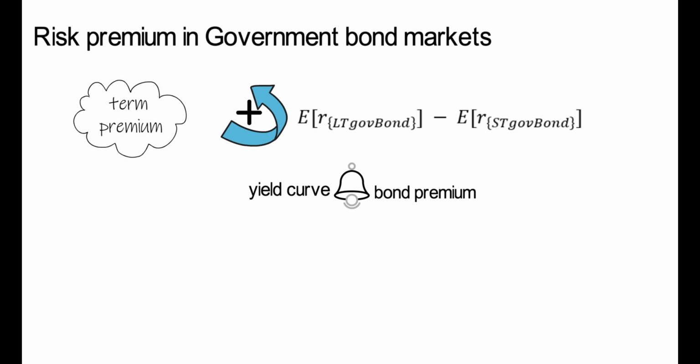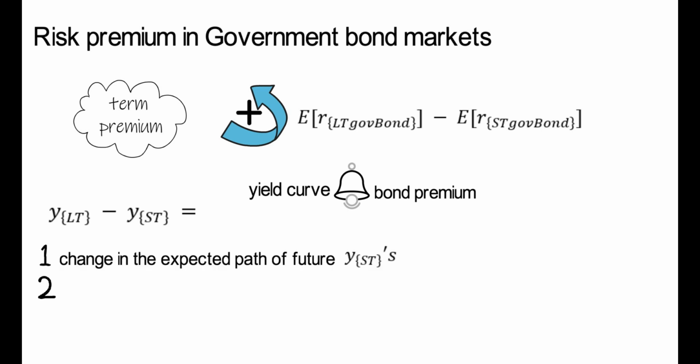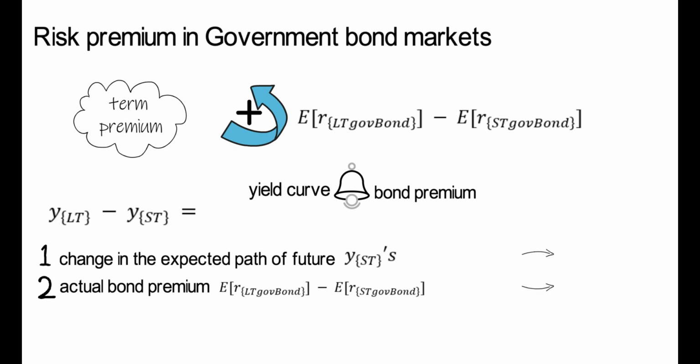That is because the slope consists of 2 components. First, the change in the expected path of future short-term interest rates. And second, the actual bond premium. Notice both channels induce offsetting investment implications. It's hence important to tell these components apart.